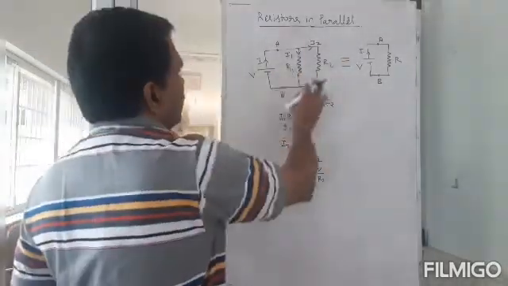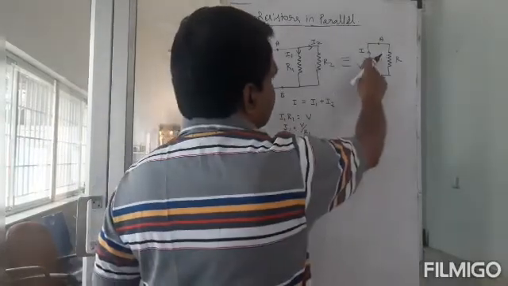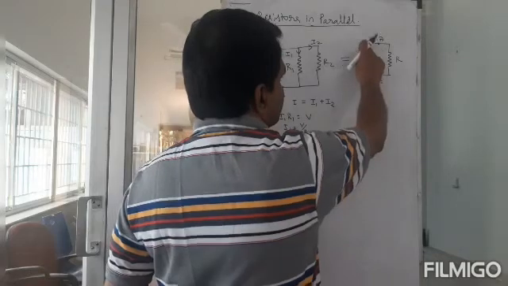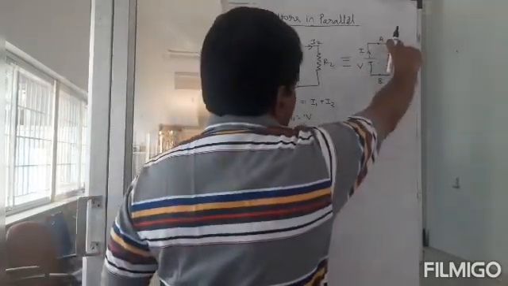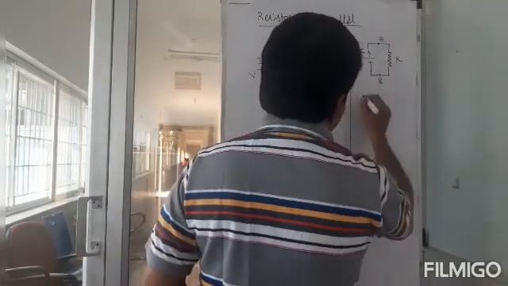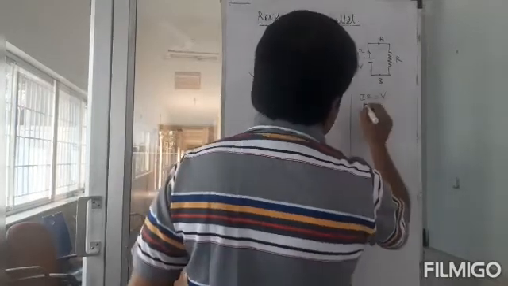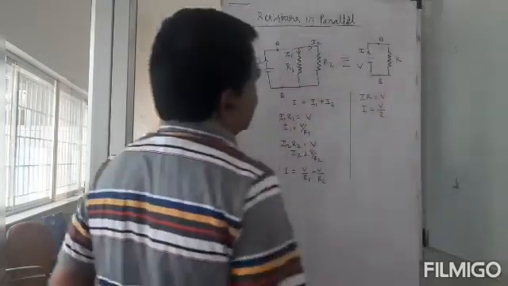I must replace the whole thing with another resistor R so that this battery V supplies the same amount of current there. So what is the voltage drop across this? That should be equal to I into R. So I into R is equal to V, right? So here I must be equal to V by R, right?